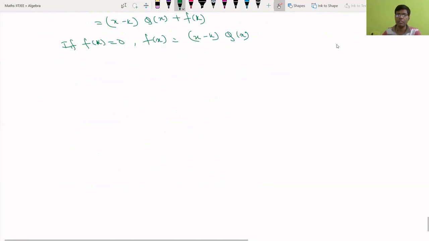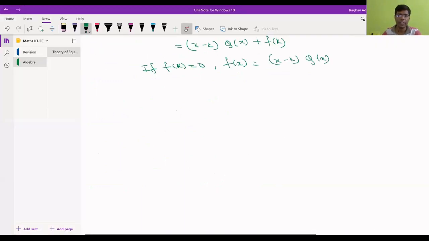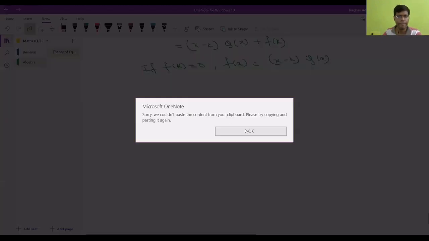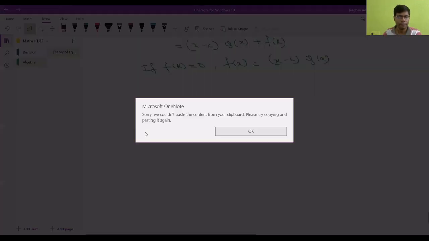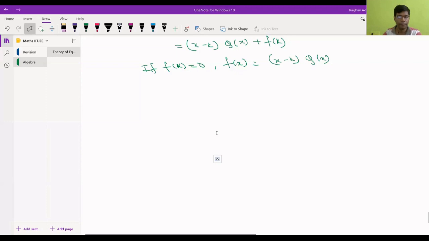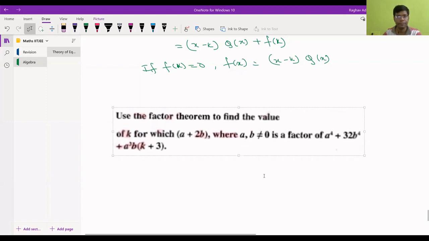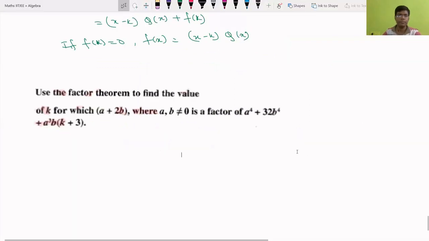So let's solve a simple question to make our understanding better.